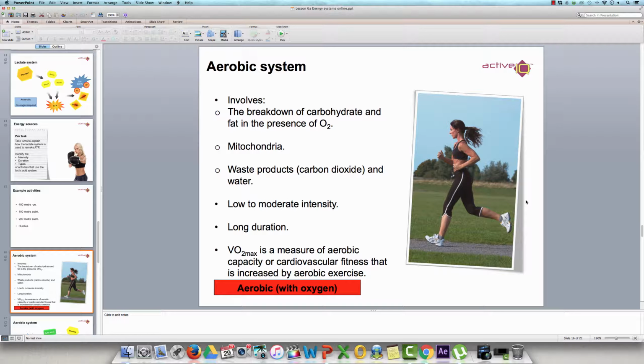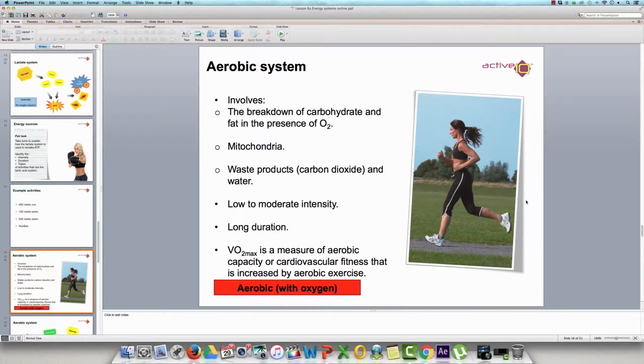In pre-season, you might see footballers doing a VO2 max test. You might see other endurance-based athletes doing it, cyclists, long-distance runners, people who have to cover long distances at low to moderate intensities. VO2 max is a good test to be doing with them.